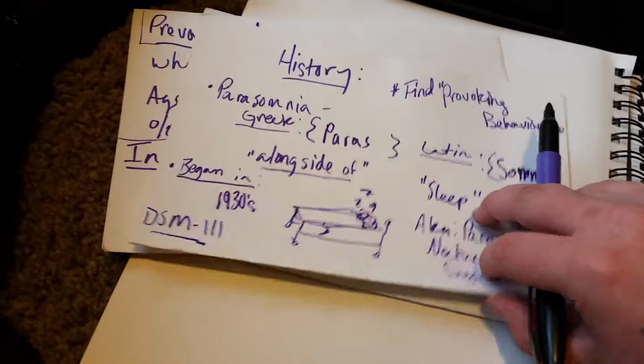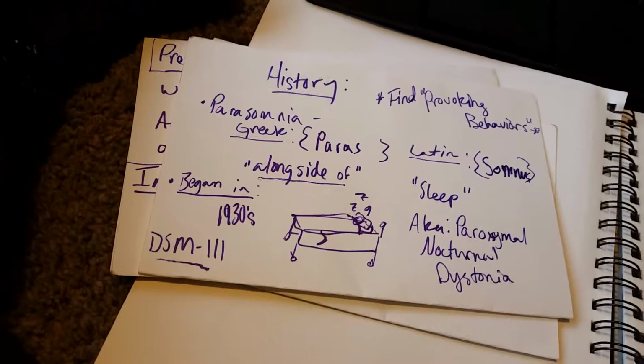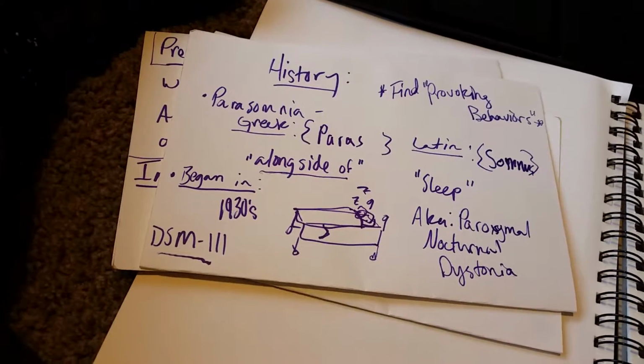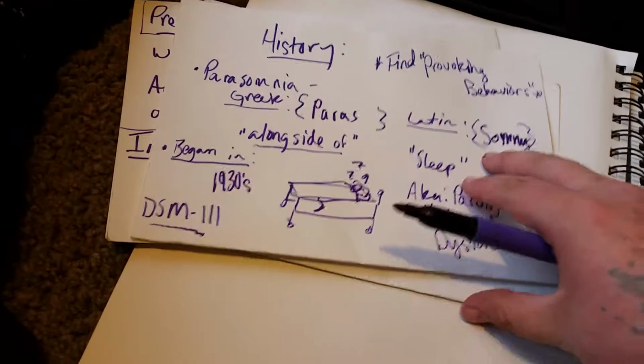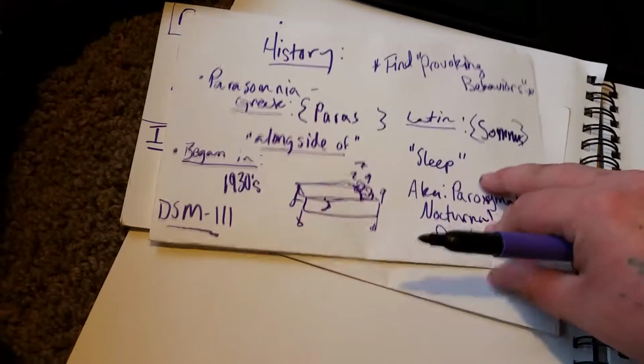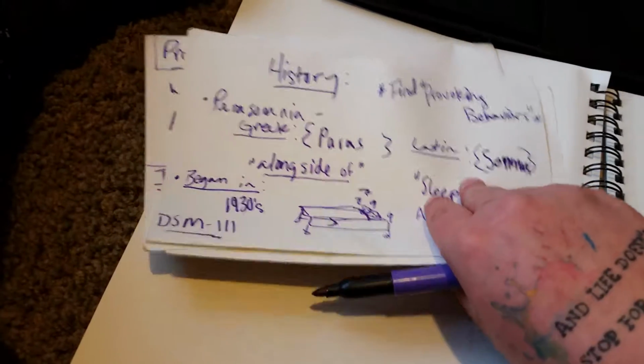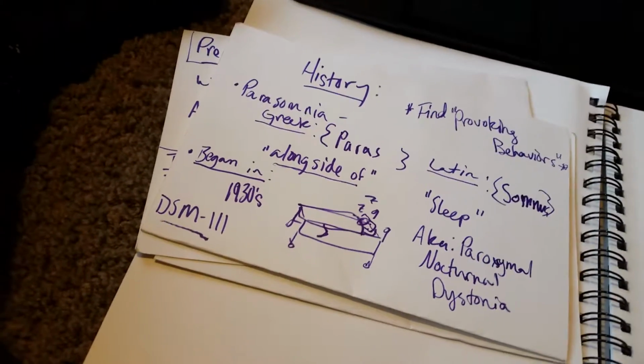It is defined as the unpleasant, undesirable, or experiential phenomena occurring at sleep onset, within sleep, or during arousals from sleep. There are 3 states of sleep: awake, non-REM sleep, or slow wave sleep, and REM sleep.